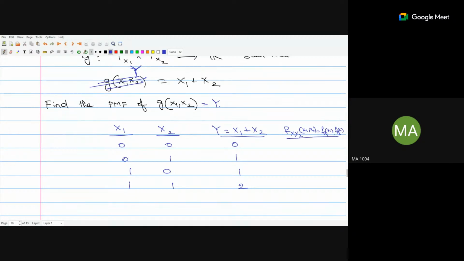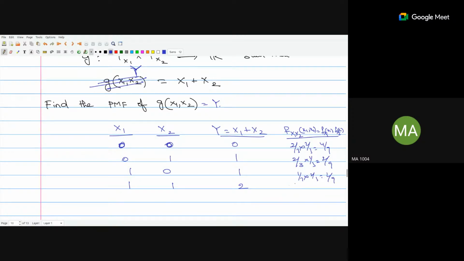So you take the probability of this times probability of this, which will give you the joint. Probability that x1 takes 0 is 2 by 3, and 2 by 3 times 2 by 3 is 4 by 9. The next one will be x1 takes 0 is 2 by 3 times x2 takes 1 is 1 by 3, which is 2 by 9. And now x1 takes 1 is 1 by 3 times x2 takes 0 is 2 by 3. This will be 2 by 9.